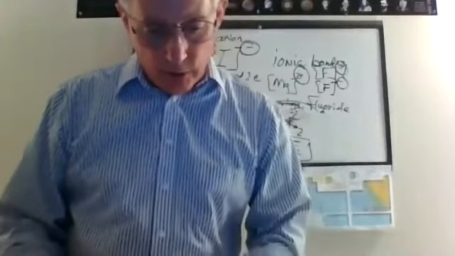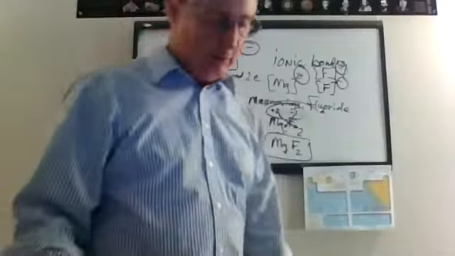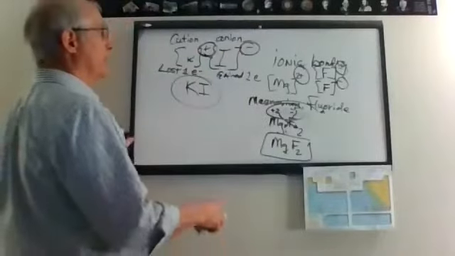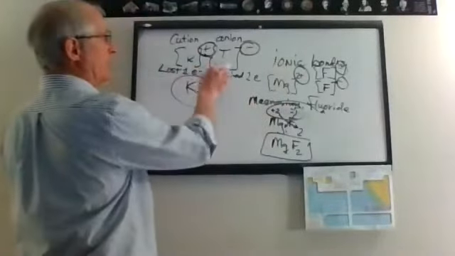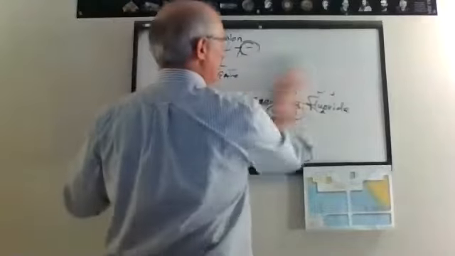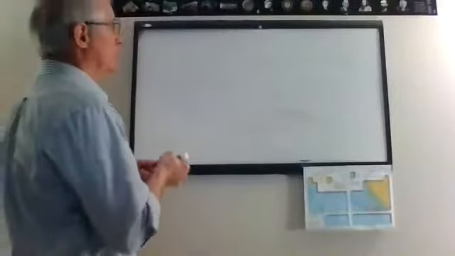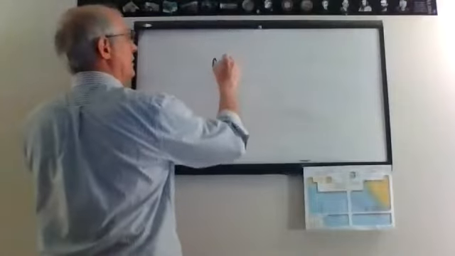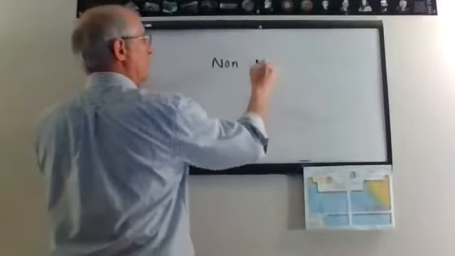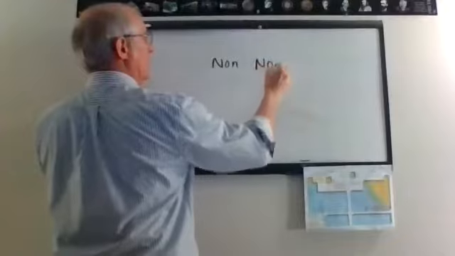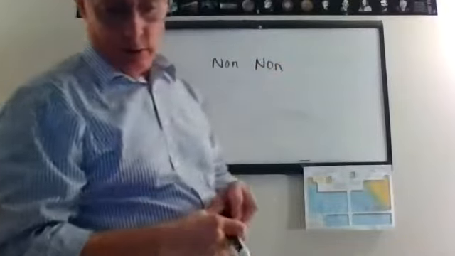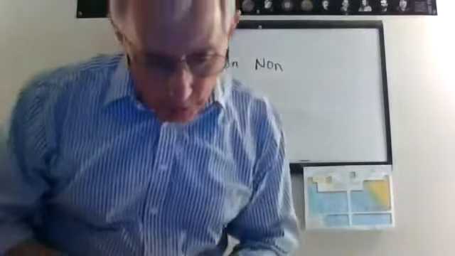On 561, we talk about molecules. Molecules are called a covalent bond. Metal, non-metal was ionic bonding. However, non-metal with non-metal is covalent bonding. What's a covalent bond on 561?